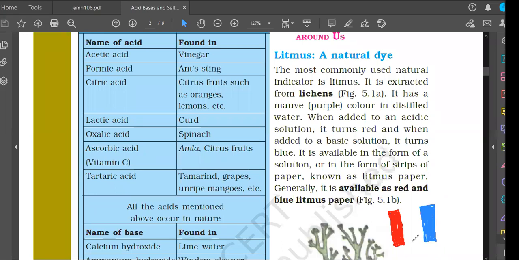Litmus is not a base, it is your indicator, the most commonly used natural indicator. It is extracted from lichens. The normal color of this dye is purple.